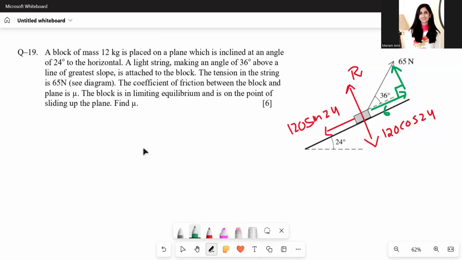So this one is going to be 65 cos 36, and the one that is opposite to the angle is always the sine component, and instead of making the sine component here, I'm going to point it upwards. So this is going to be 65 sine 36.